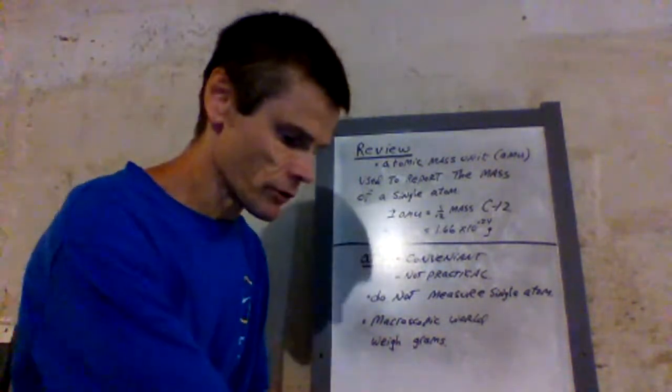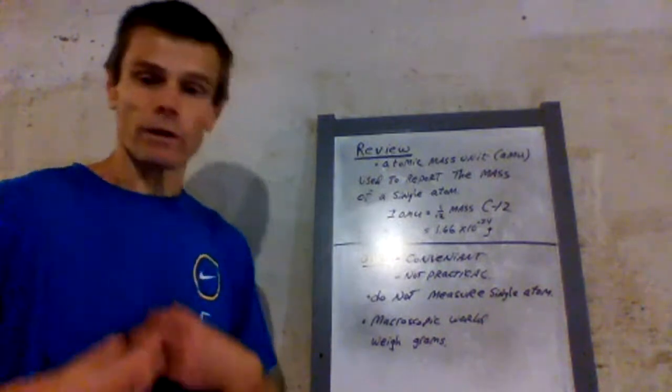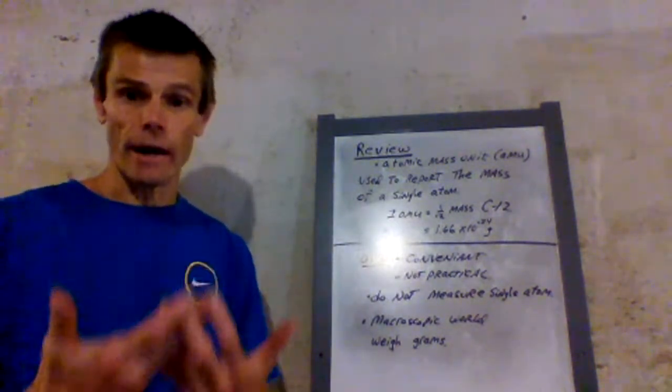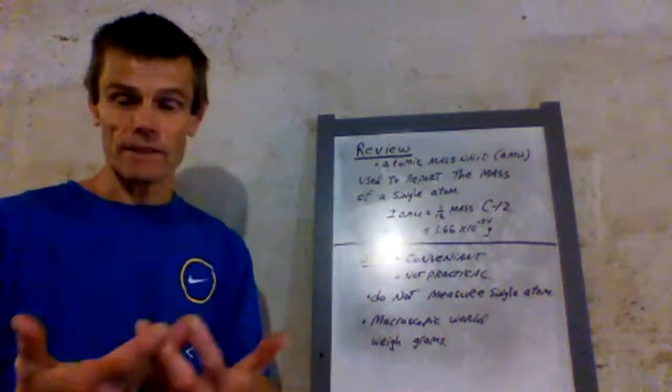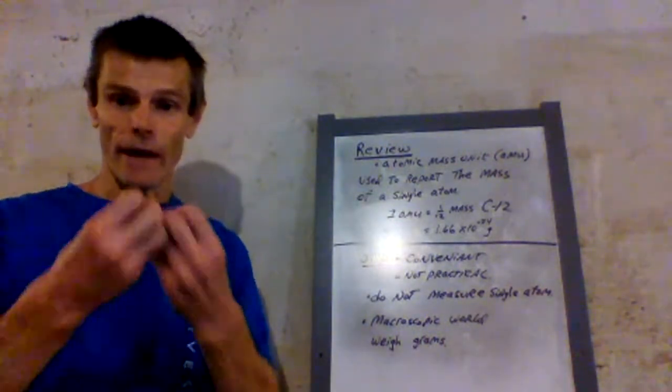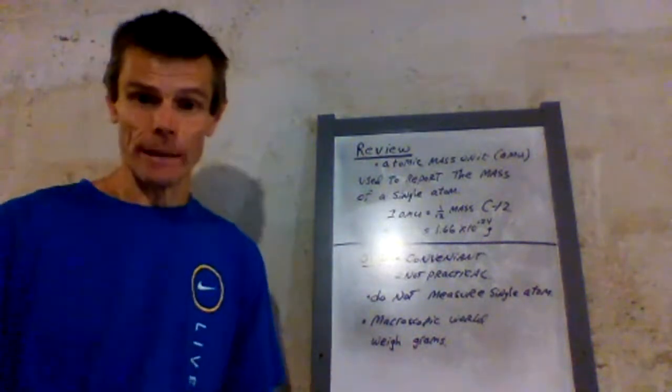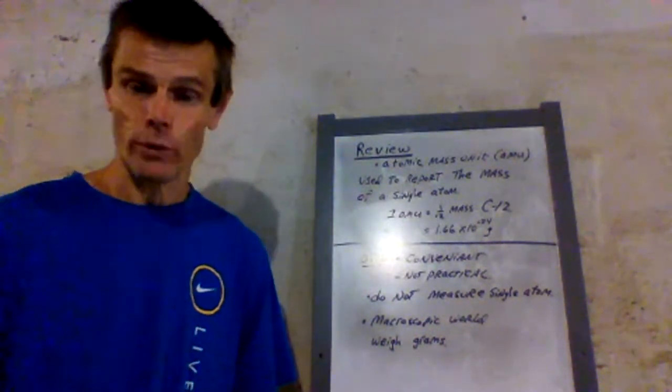So what we need to do is utilize a counting number that gives us a number of particles that we consistently weigh out, and that'll tell us a little bit more about the masses of our samples that we're dealing with in the laboratory setting.